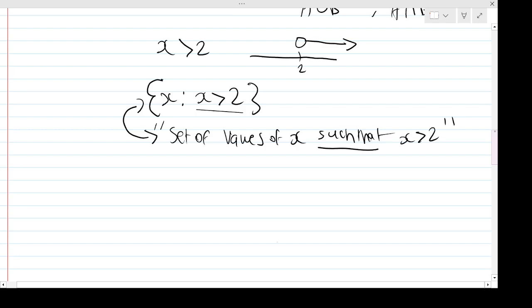This is the mathematically precise way of describing a set of values for x, an inequality. They will expect you in certain questions to give your answer in set notation. That means this. So write your answer as a set, and don't just leave it in this form here.